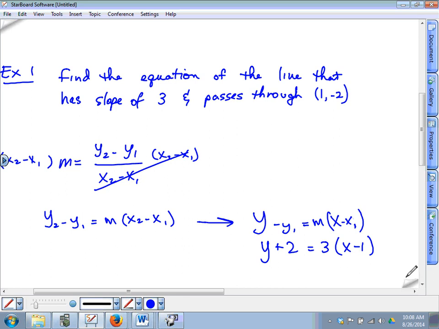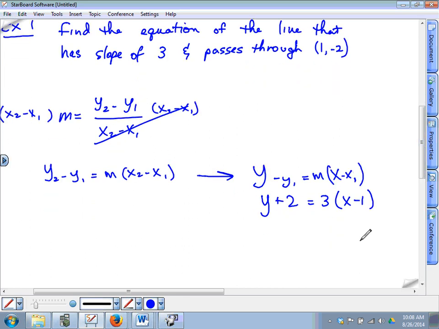You follow? Yeah. Okay, now we need to change this into slope-intercept form. This is point-slope form. We need slope-intercept. What's the difference? Slope-intercept form is y equals mx plus b, right? So all we got to do is distribute the 3, and then subtract the 2.